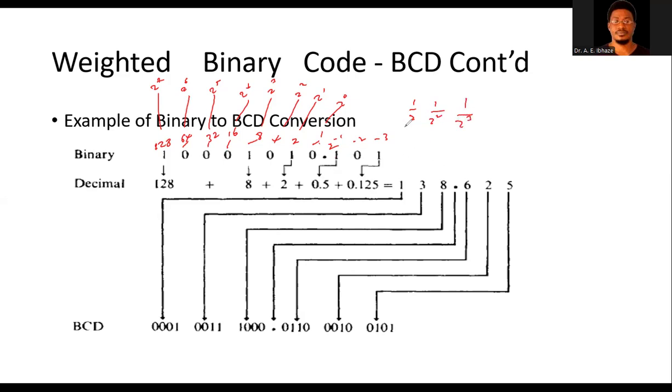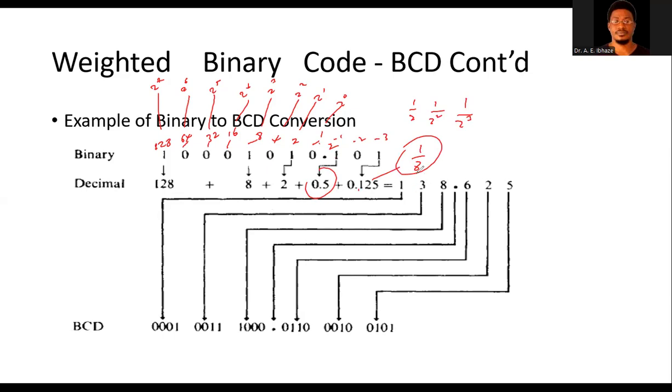So this would be 1 over 2, which is 0.5, and this would be 1 over 8, which is 0.125. Once we add that up, we get 138.625. So that's converting to decimal.